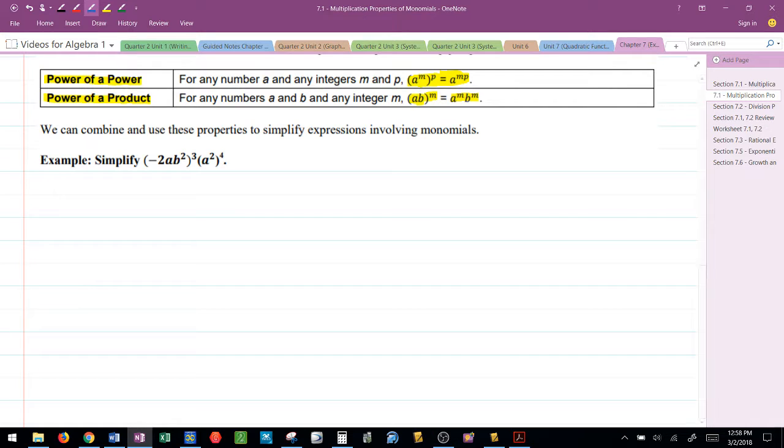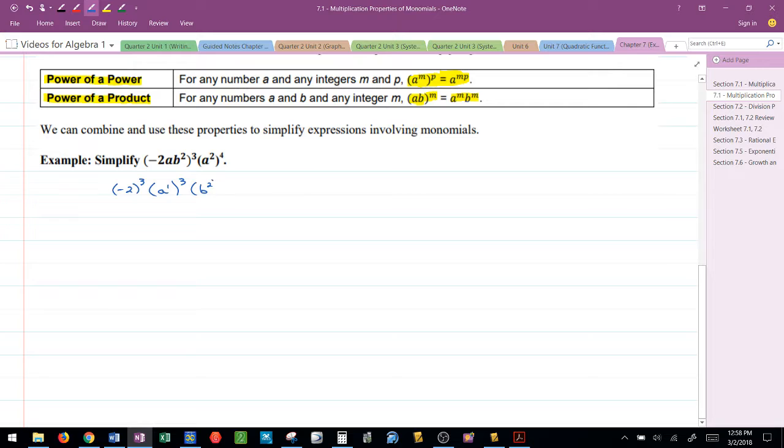Now, the first thing that I notice is I have a monomial here that has 3 pieces. And that monomial with 3 pieces is being raised to the 3rd power. I'm going to distribute that power to all 3 pieces. So that gives me negative 2 to the 3rd. A, since it's a, I'm going to write a to the 1st to the 3rd.